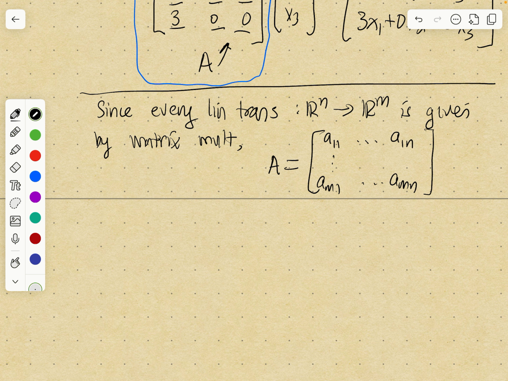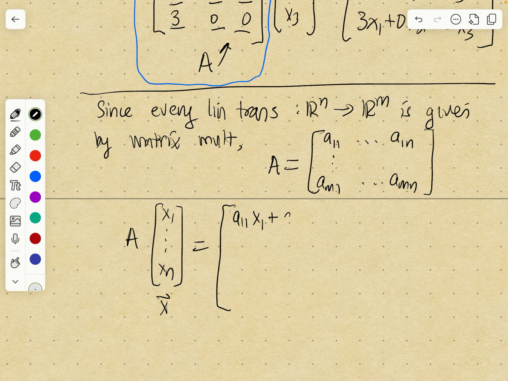We know that when you multiply such a matrix A by x1 to xn, this vector x, you have to get A11 x1 plus A12 x2 plus dot dot dot plus A1n xn.